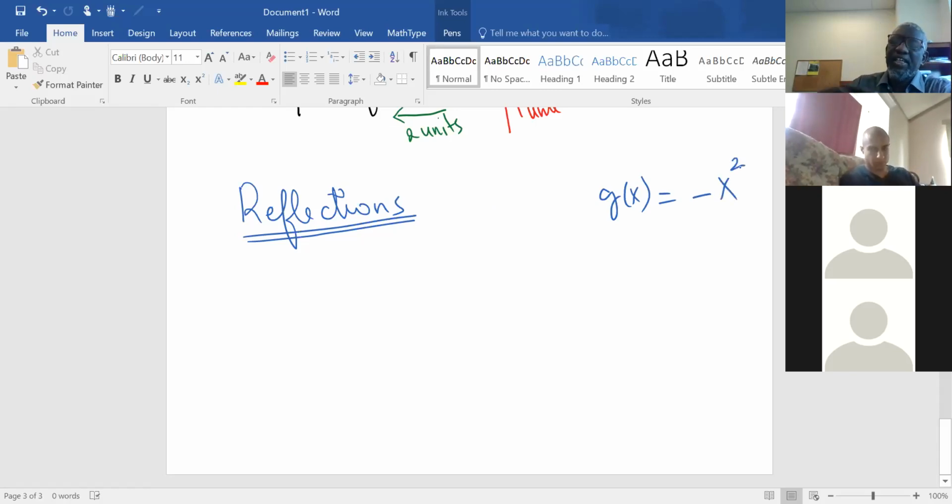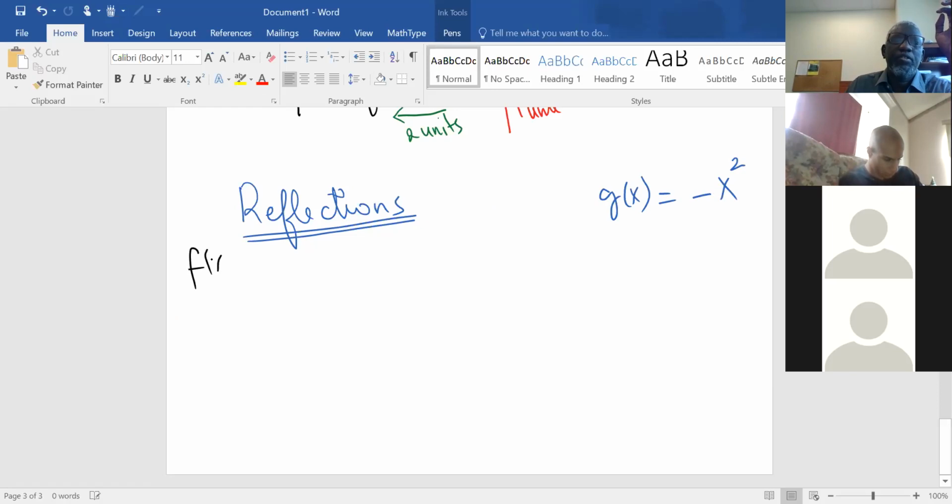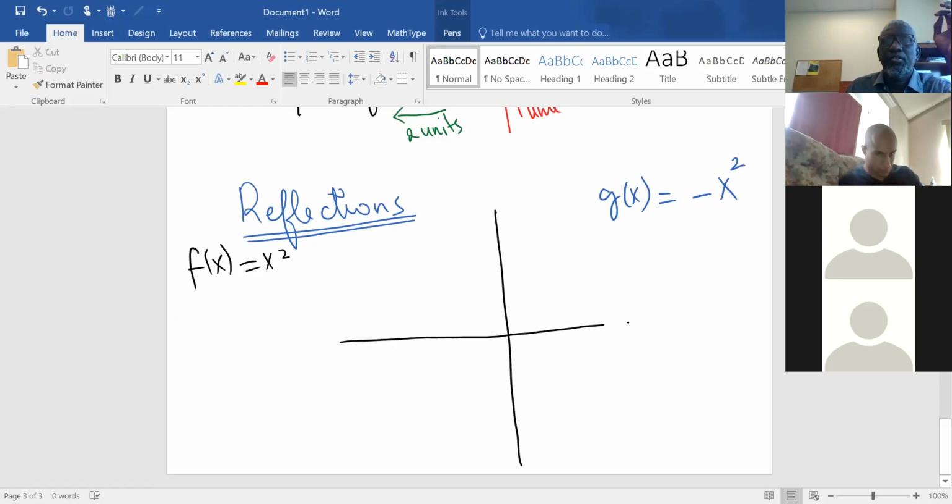You see, we have a negative sign outside and we know f of x is equal to x squared. So what we have is this. We have 0, 0, 1, 1, 2, 4, negative 1, 1, negative 2, 4, right?